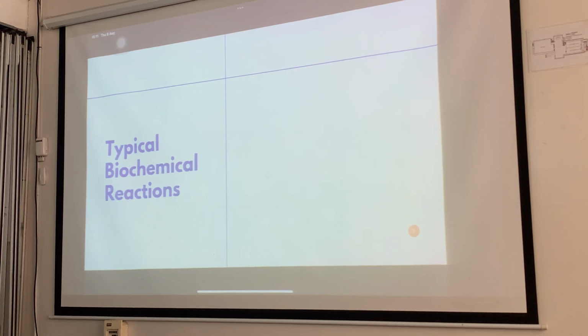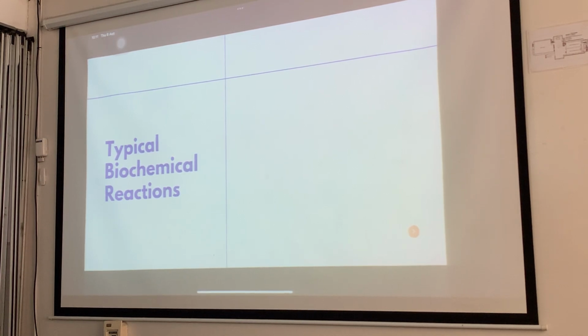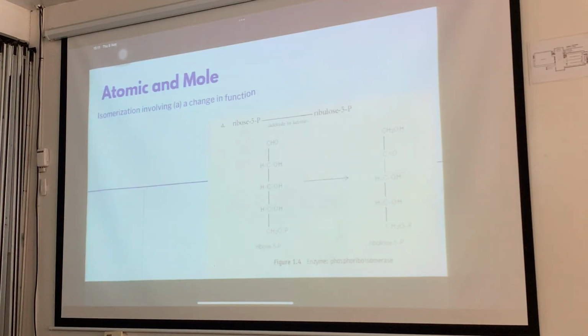So meaning there is a flow of matter, but the instantaneous concentrations of intermediates fluctuate relatively little, unless there is a stress, meaning it would respond to a physiological challenge. So here are different reactions. The first type would be atomic and molecular rearrangements.